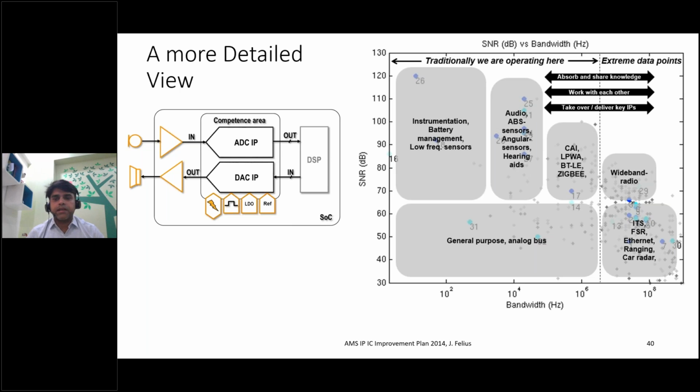The DSP, which is shown very small here because as analog designers we see it that way, is actually 80-90% of the chip for some very high-end digital-centric products. The output is fed back to a DAC, a digital to analog converter, and then becomes something you hear, see, or feel as vibration.